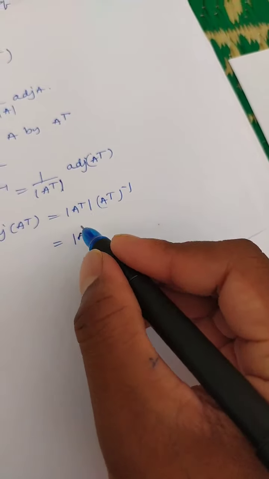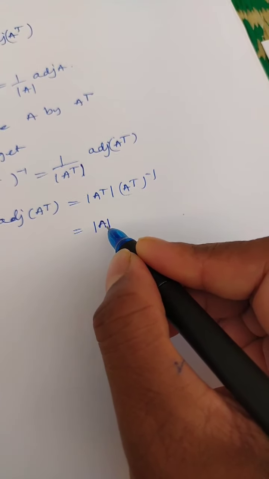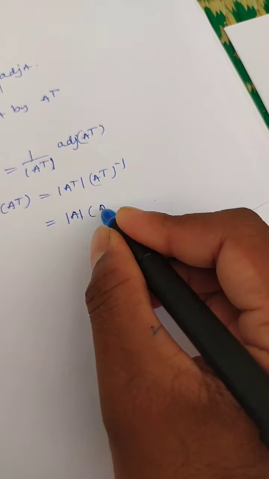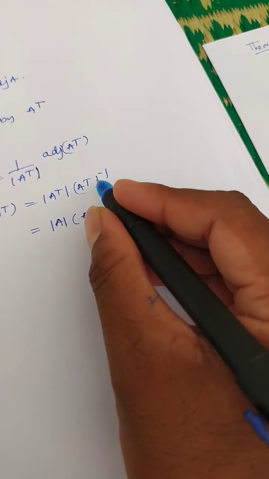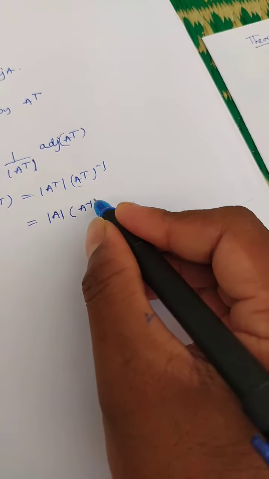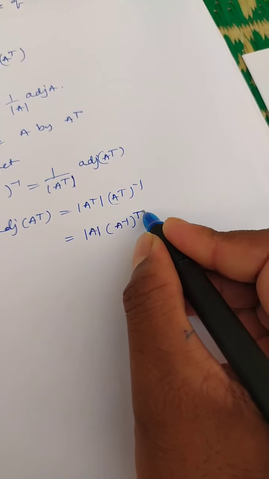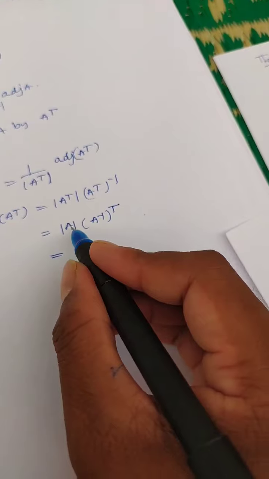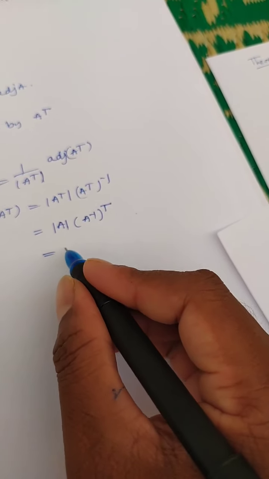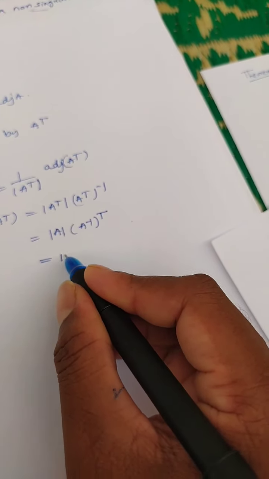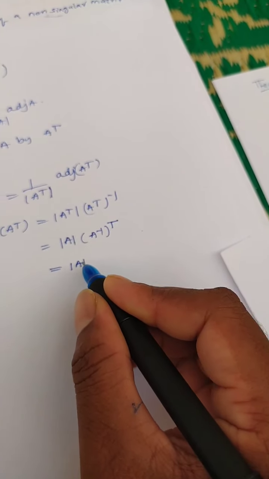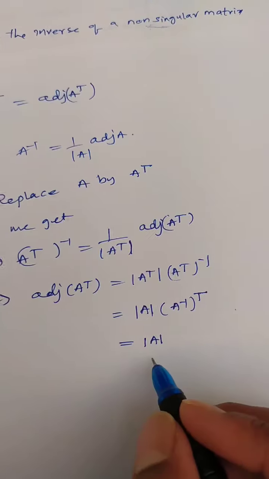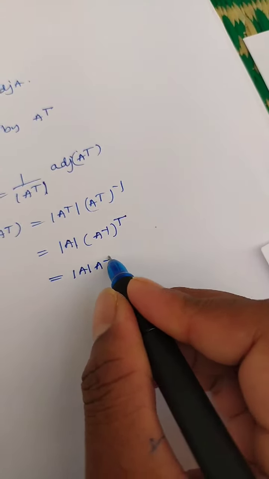So det of A transpose I am replacing by det A. In place of A transpose whole inverse, you can write A inverse whole transpose. That implies, right? Now here we can write det A into A inverse whole transpose.